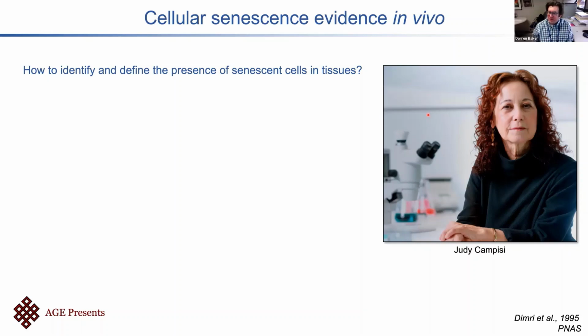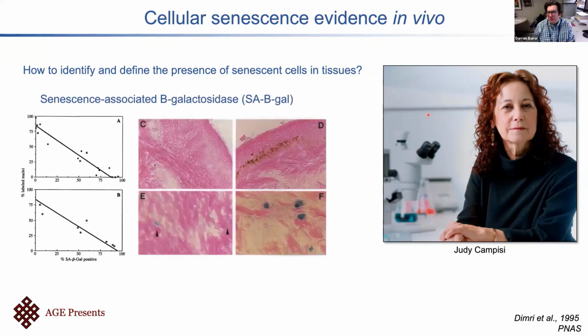This particular study from 25 years ago in PNAS from Judy's group described the accumulation of a phenotype known as senescence-associated beta-galactosidase activity. This is an enzymatic activity assay: the lysosomes of senescent cells, at a particular pH, have a particular activity against this substrate.